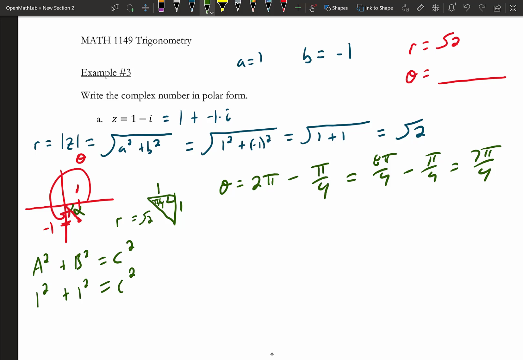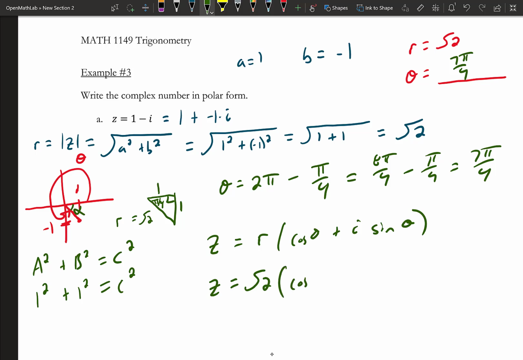So z is equal to r times cosine theta plus i sine theta. Just plugging in what we know, I would have radical 2 times cosine of 7 pi over 4 plus i times sine of 7 pi over 4.